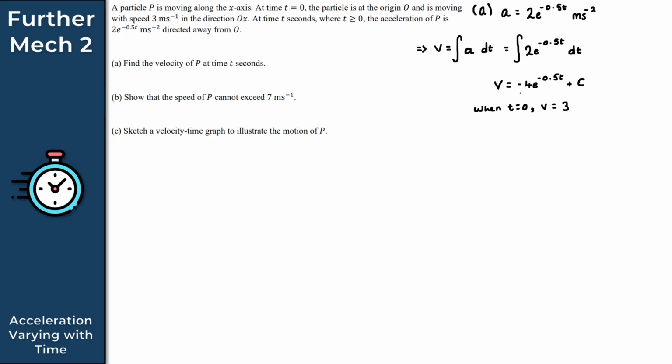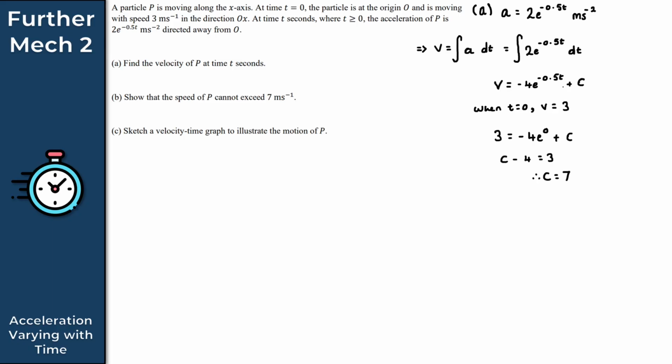So 3 is equal to minus 4e to the power of minus 0.5 times t, which is just 0, so minus 0.5 times 0 is just 0. So minus 4e to the 0 plus c. Anything to the power of 0 is just 1, so minus 4 times 1 is minus 4. So what I've got is c minus 4 is equal to 3, and therefore c is equal to 7.